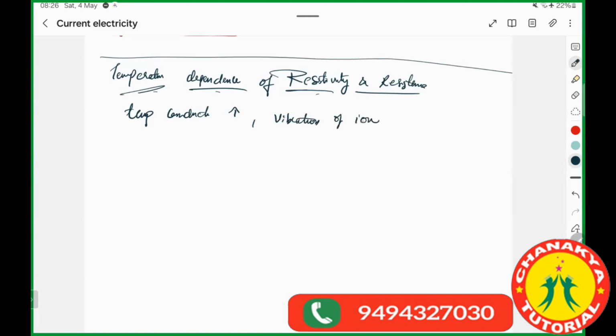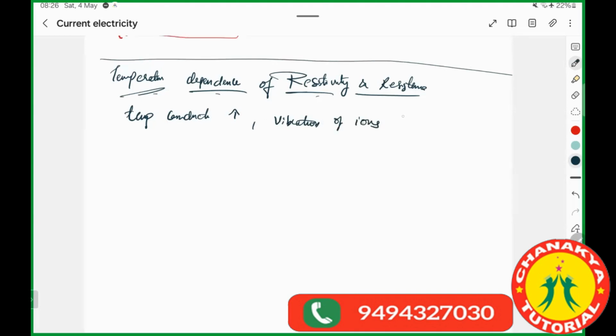When the molecules' kinetic energy increases, the temperature increases. So when ion vibration increases, what happens to relaxation time? It decreases, because relaxation time is the time duration between collisions. So relaxation time decreases.